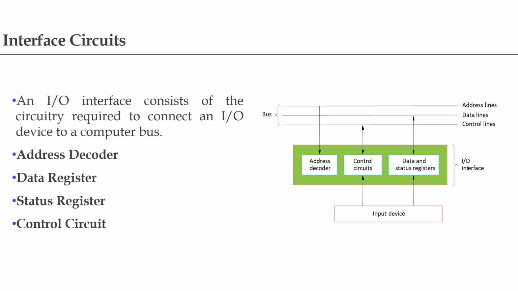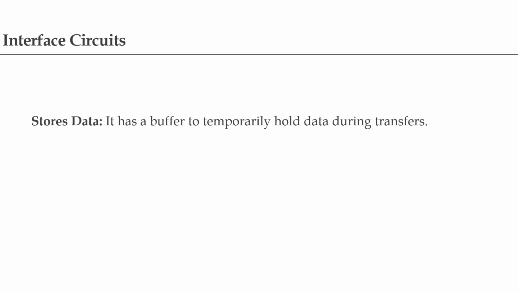interface circuits. The input-output interface plays a critical role in facilitating communication between the processor and external devices such as keyboards, displays, or sensors. Here is a detailed breakdown of the functions mentioned. It provides a storage buffer for at least one word of data.